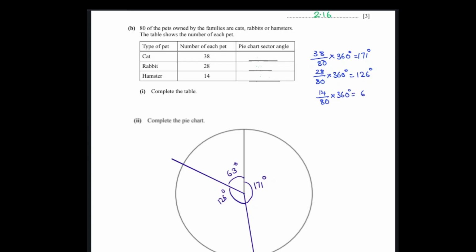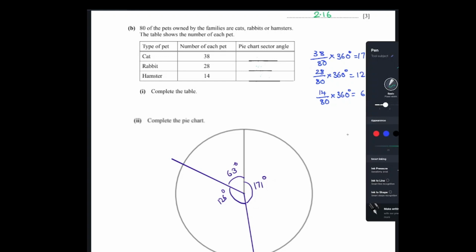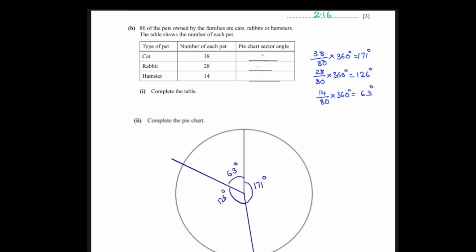That will be 63, because 28 half is 14, so I'll half this also. You can do like this shortcut way also, or you can use calculator if you can't understand that way. So I'll write that here, the answers 171, 126 and 63. These are the sector angles.